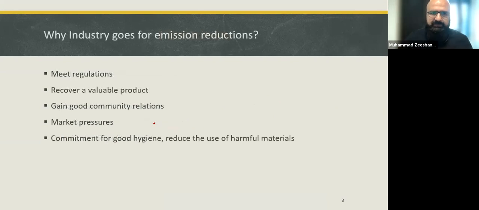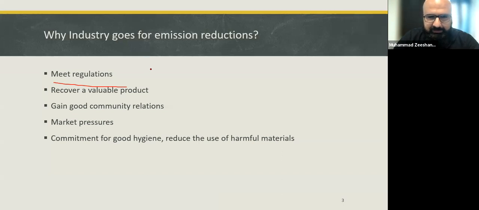Of course, we are going to start with why industry goes for emission reduction. The major reason for industry to go for emission reduction is to meet the regulations, right? We need mass production. That's why we have industry, because we have a human population, and we have to produce goods on an industrial scale for that. So we have to keep the industry running.